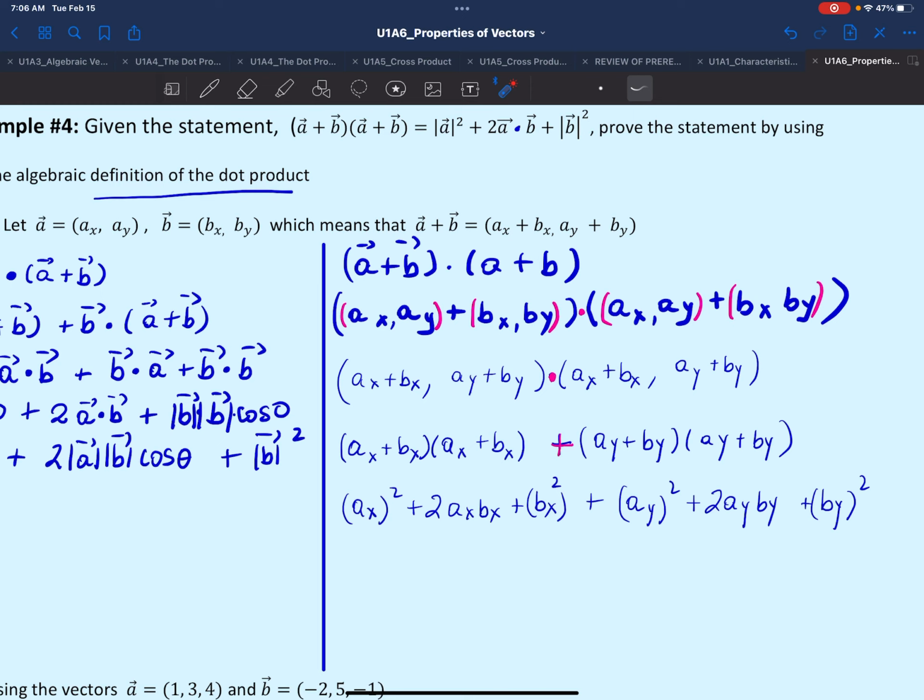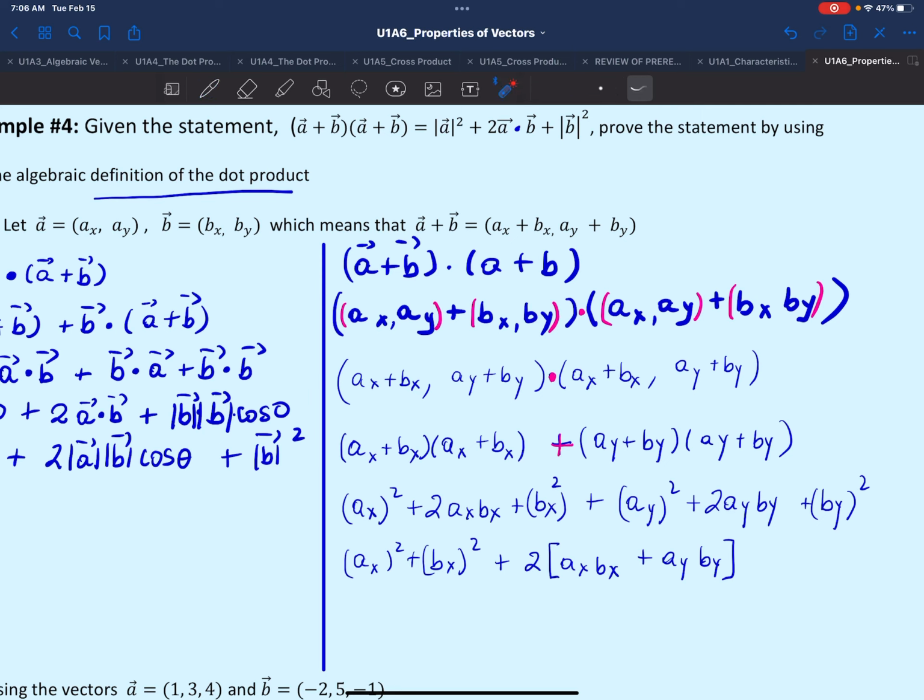So we're going to combine the terms. So we have AX squared plus BX squared. And then we have 2AX BX, 2AY BY. So we'll say 2 times (AX BX plus AY BY).